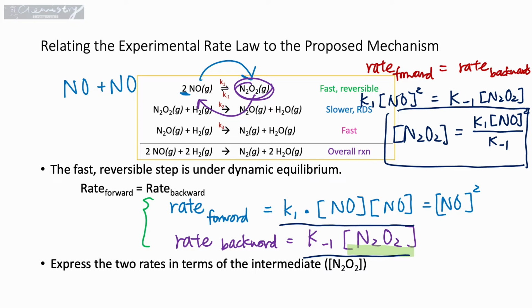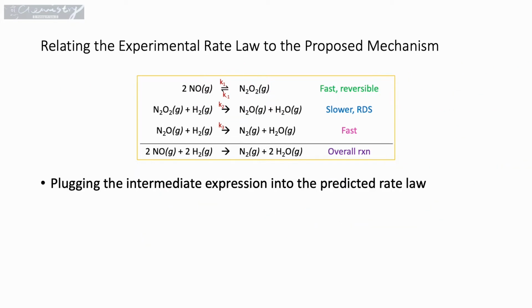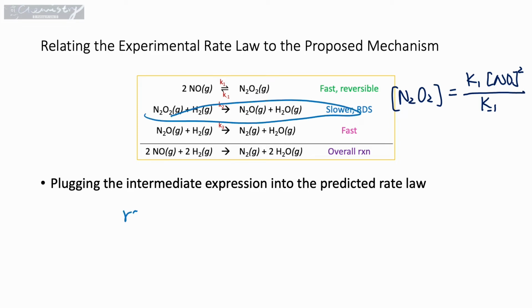And now we are going to remember this and bring it down to the next step. The next step is to plug our intermediate concentration expression that we got from the previous step into the rate law that we determined from the rate determining step previously. Previously we said it's K2 times N2O2 and then H2.